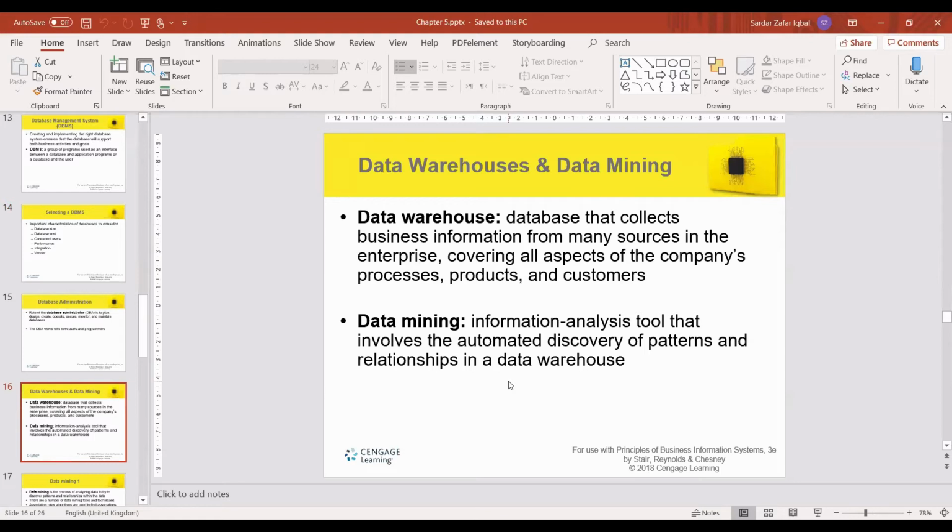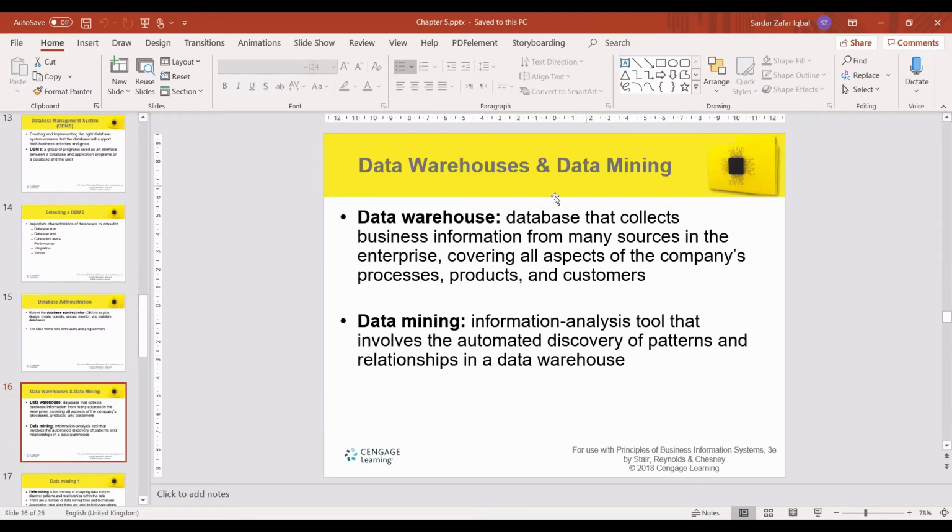It is like a database, but in this warehouse, the data will be very huge. This is the purpose of the warehouse. Our extra and big data is going to be stored in the warehouse.